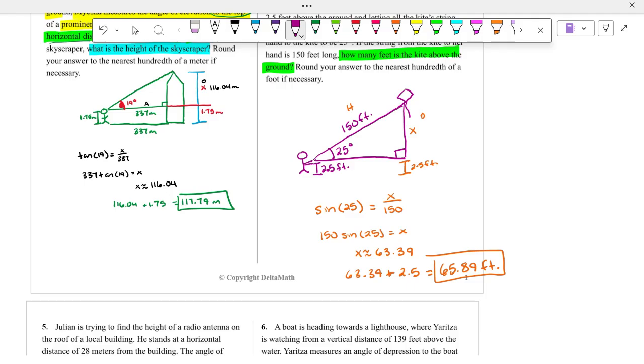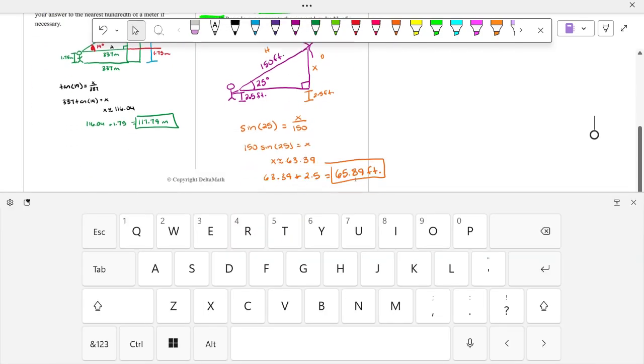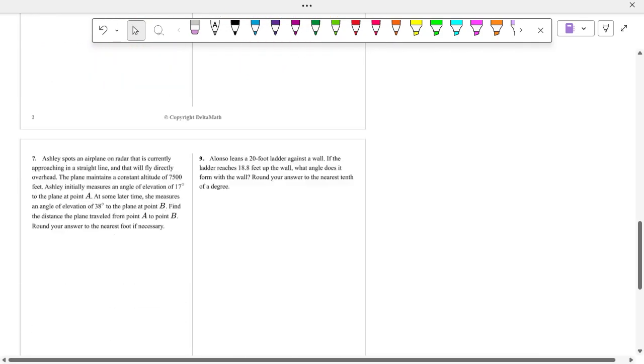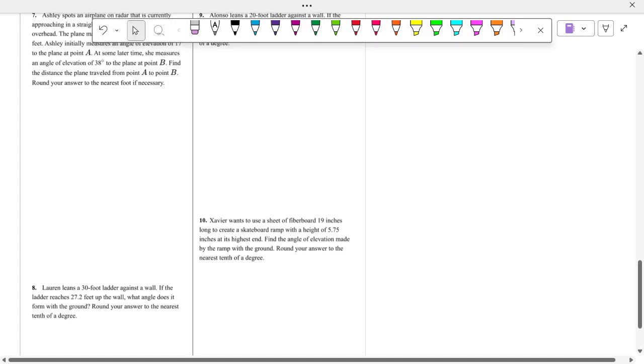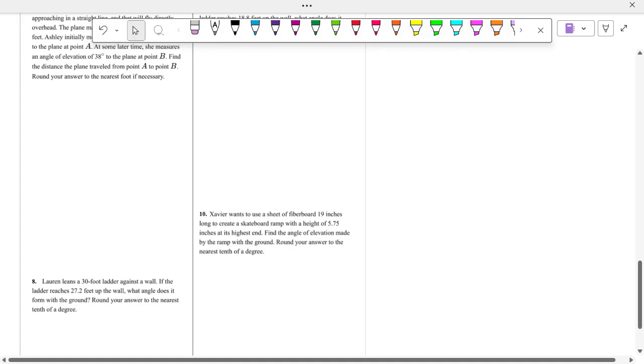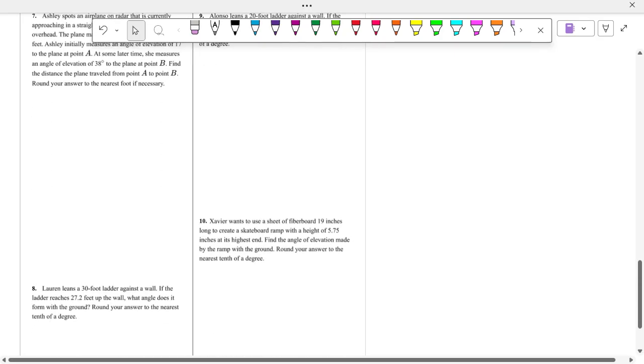Now, we did relatively easy ones today. We're going to do a little bit more complicated ones tomorrow. So tomorrow's lesson will be really short, and then the rest of the time will be spent reviewing. Your homework for tonight in this packet is numbers 8, 9, and 10, because those are just simple ones, but you just find the angles instead.